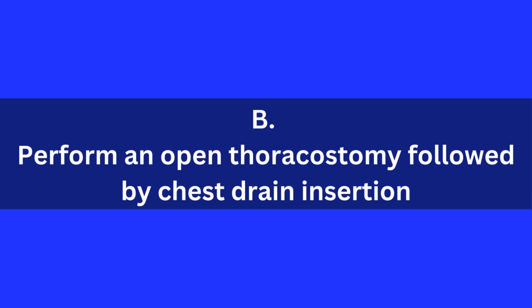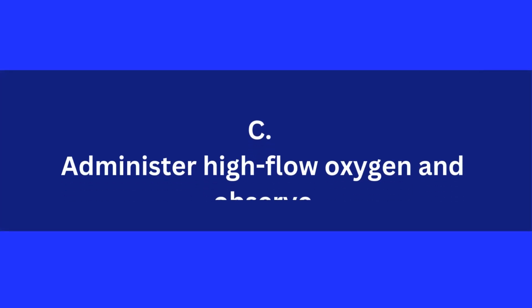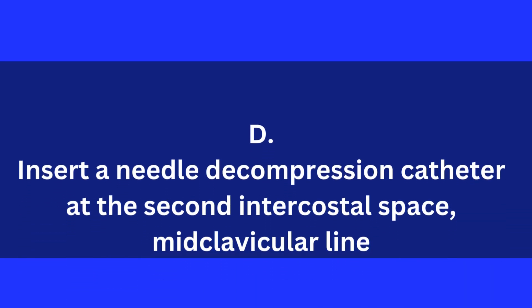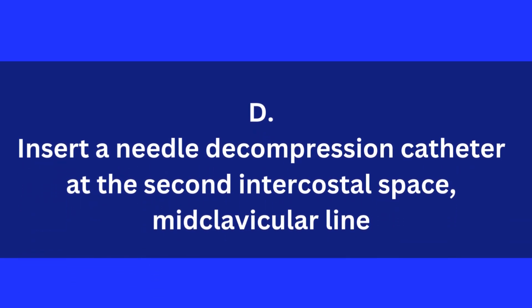Option B, perform an open thoracostomy followed by chest drain insertion. That's definitely an option. So I know the ATLS guidelines recommend chest drain. C, administer high flow oxygen and observe. If this patient's tensioning, the high flow oxygen without any other management is going to worsen the situation. So it's not C. D, insert needle decompression catheter at the second intercostal space, mid-clavicular line.